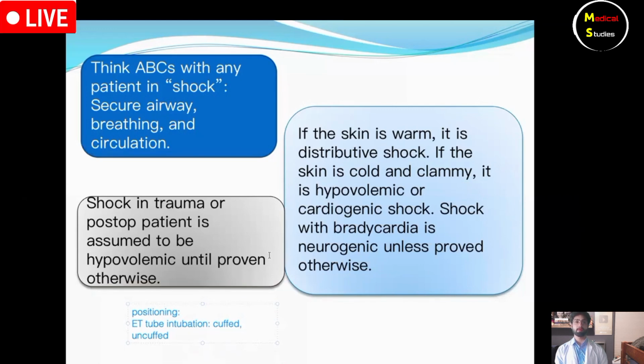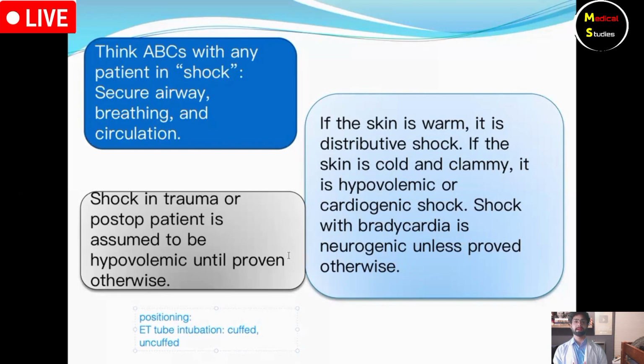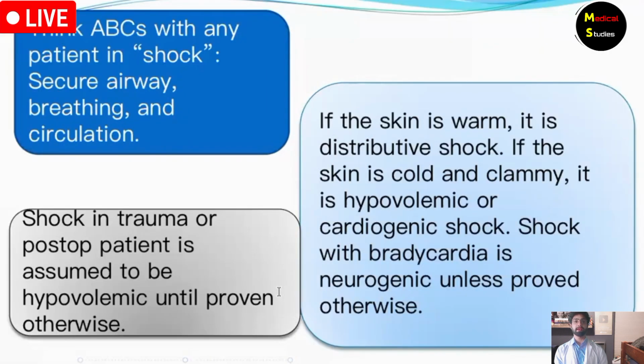Now next one is to secure breathing. Firstly, you have to make sure whether the person is able to breathe or not. It is very important to make sure whether the person can breathe. Then if he is able to take a breath, you have to count the breath rate. But if the patient is not breathing, then you have to give artificial respiration. That is bagging.